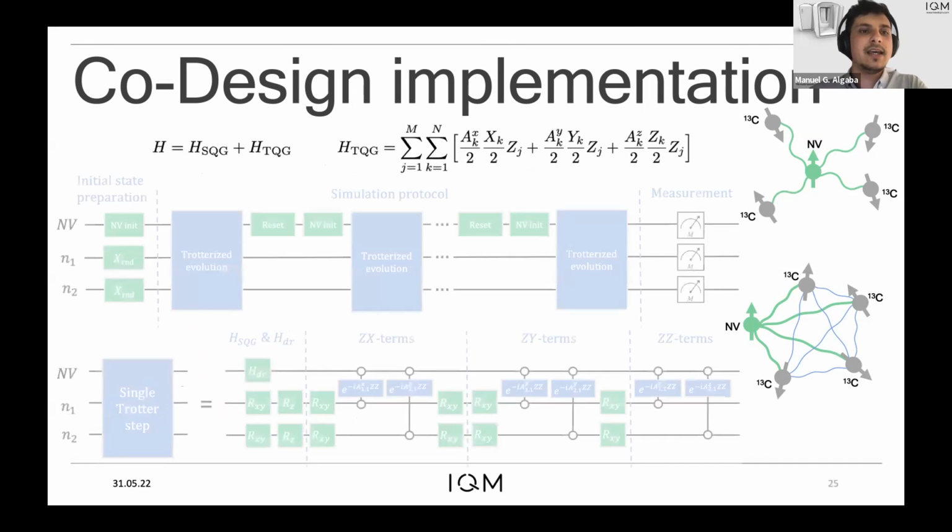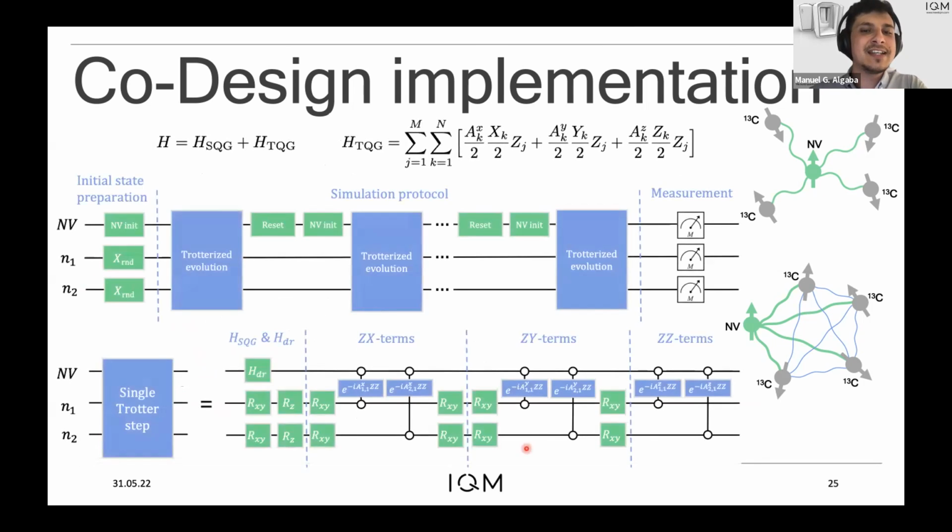So if we see now the circuit of the algorithm itself, it may seem a bit lengthy, but not so much. We focus first on the evolution of the microwave driving field and the Hamiltonian itself. We see that for a single Trotter step, we can do first all the single qubit gates and the driving simulation.